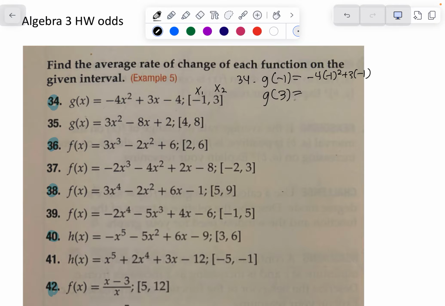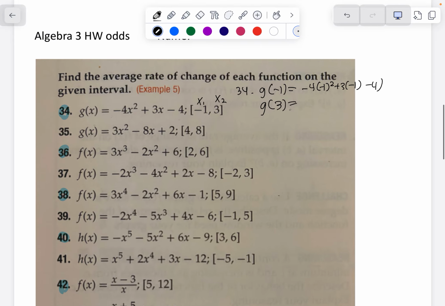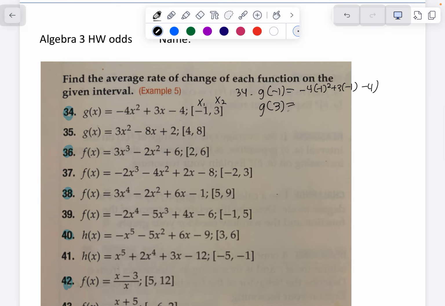You got to be careful with the order of operations. So we get -4 minus 3. Oh, no, I have a parenthesis there. Let's make sure Mrs. Hott isn't losing her mind. -4 minus 3 minus 4, which is -11.